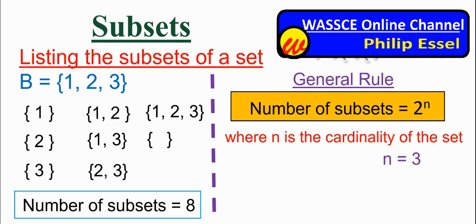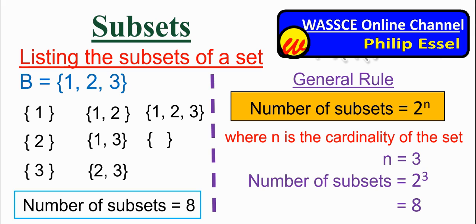So n is equal to 3. We will substitute n equals 3 into the above equation and we will get number of subsets equals 2 exponent 3. 2 exponent 3 is 2 times 2 times 2. That is 8. So number of subsets equals 8.